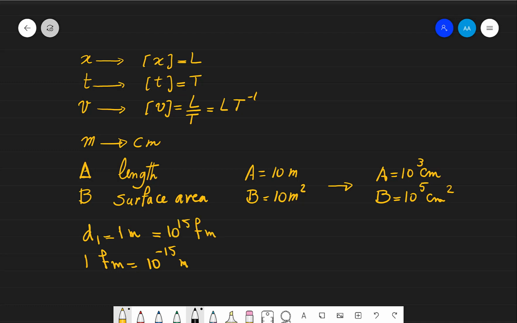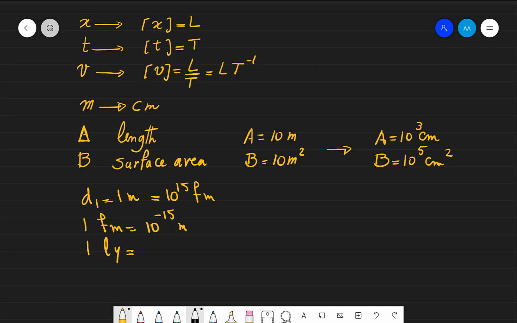This length can be written also in light years. 1 light year is the distance that light travels in 1 year. It's the velocity of light, 3 times 10 to the power 8 meter per second, times 3,600 times 24 hours times 360 days in each year.